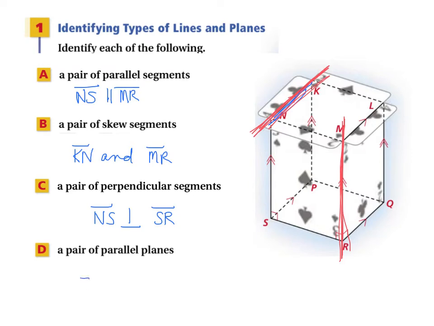You could say plane, let's do the top, which is KLM, is parallel to plane, the bottom, PQR. There would be examples of all four of those.